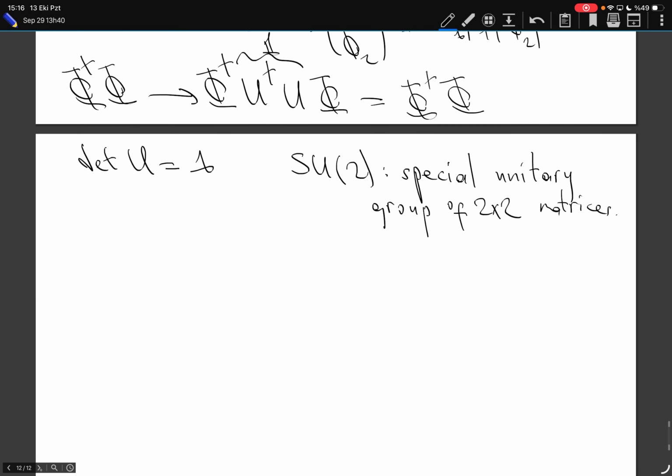And in general, you can write any u in terms of 3 parameters as e to the power i alpha i sigma i. Sigma i are the Pauli matrices.